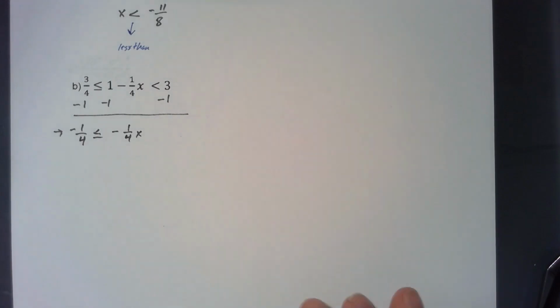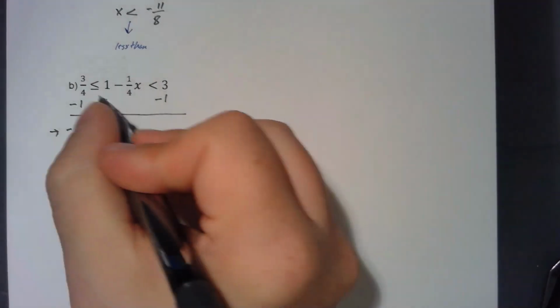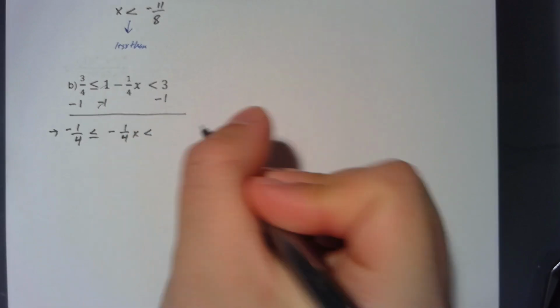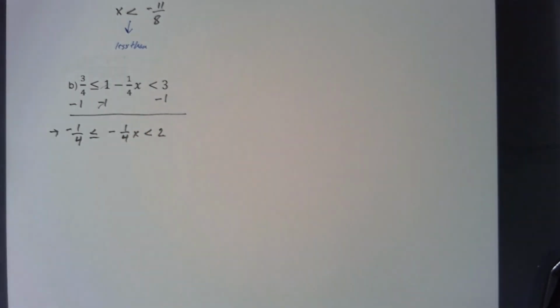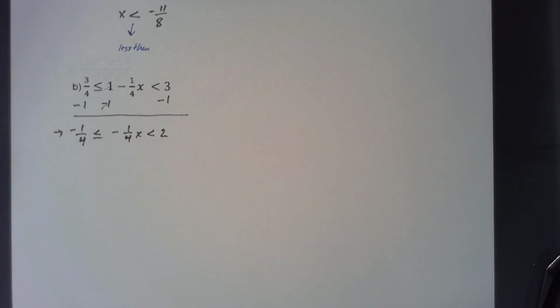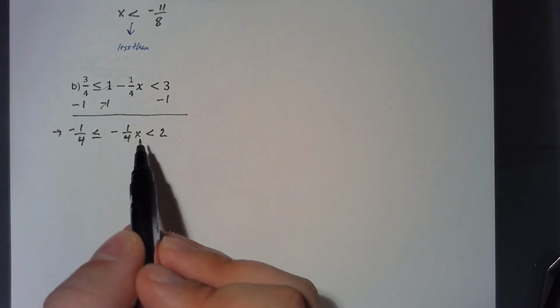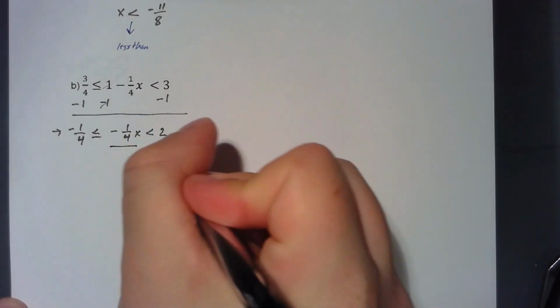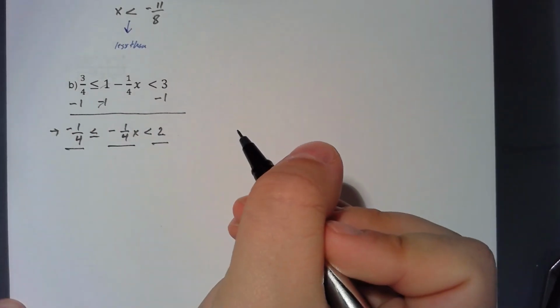negative 1/4 x, right? Because the 1's cancel, which is less than 3 minus 1, which is 2. Now I have a negative 1/4 x. So to get rid of that, I want to divide all three sides by negative 1/4.